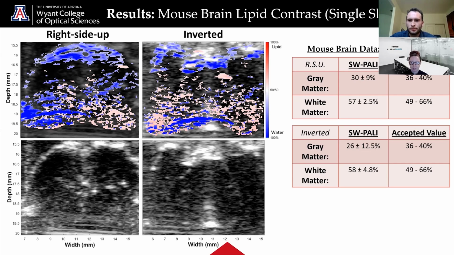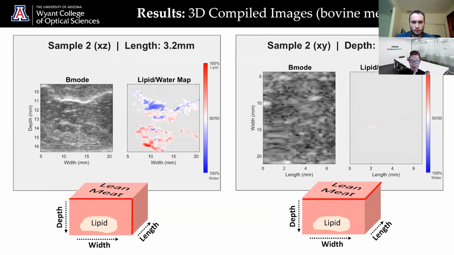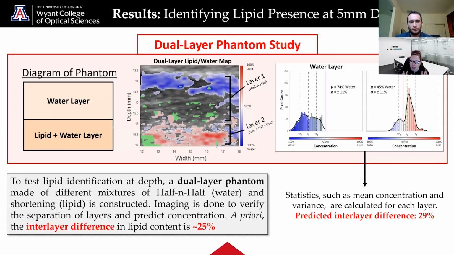Great, thank you. Can you please provide some clarification on the composition of the dual layer phantom study? One user was specifically asking about the designation of half and half with water, since half and half and water seem to be two very different substances.